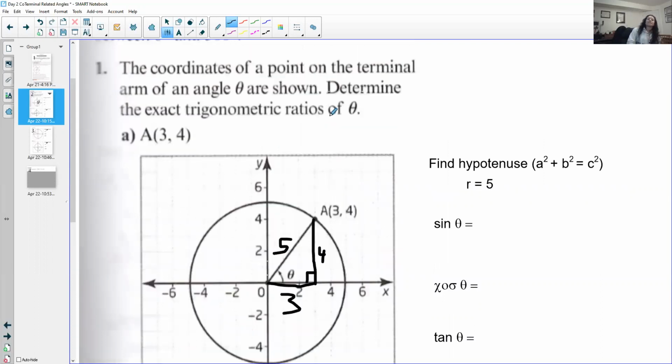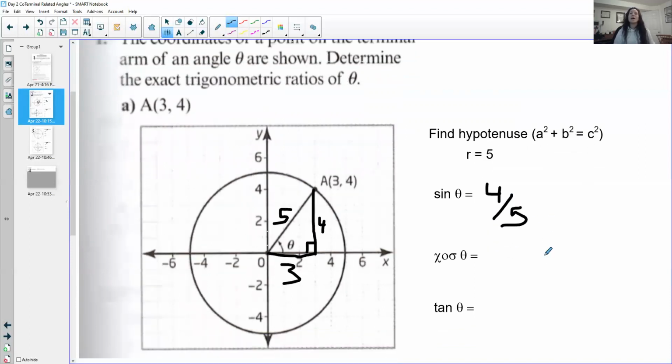So what they would like us to do is determine our exact trig ratios. So sine of theta is opposite over hypotenuse. This is simply 4 over 5, okay? Cos of theta is adjacent over hypotenuse.